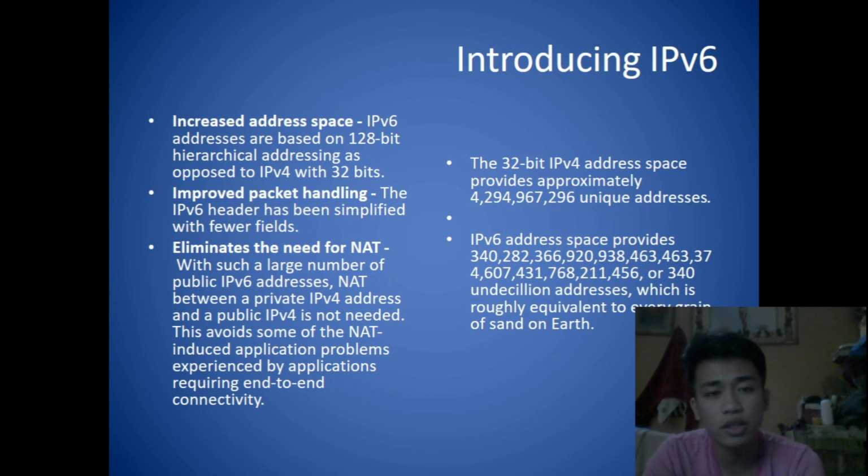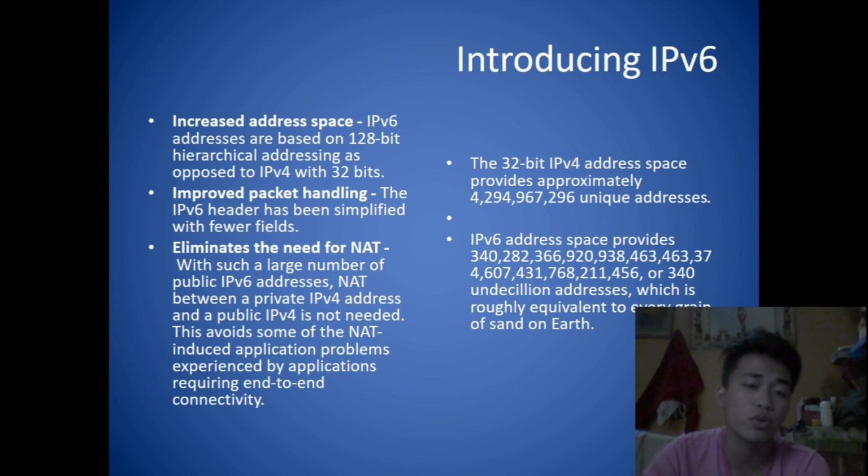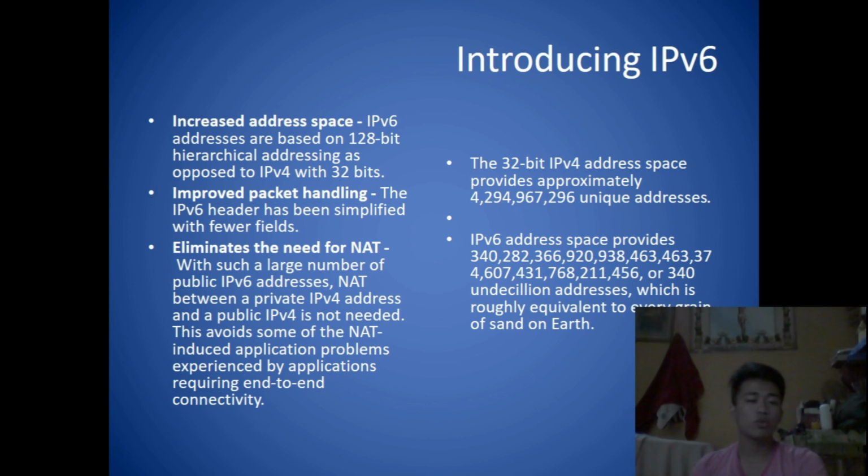It increases address space: IPv6 addresses are based on 128 bits, which is much larger than IPv4 with only 32 bits. For packet handling, the IPv6 header has been simplified. With such a large number of public IPv6 addresses, NAT between a private IPv4 address and a public one is not needed.